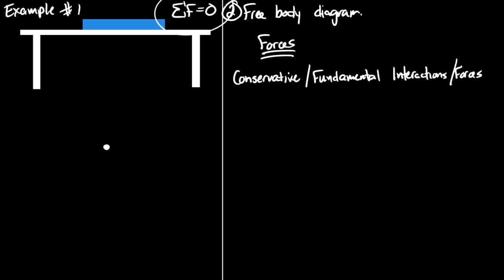We talked about those yesterday, right? Gravity, electroweak, and strong nuclear. I'm only going to list gravity as it's the only one that matters in this class. We're going to call gravity weight.